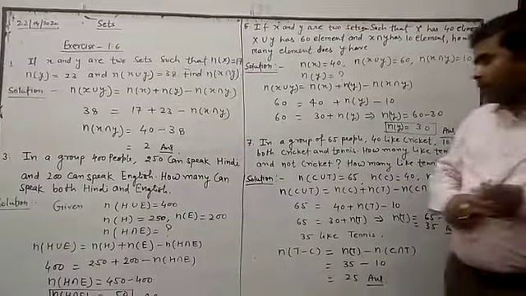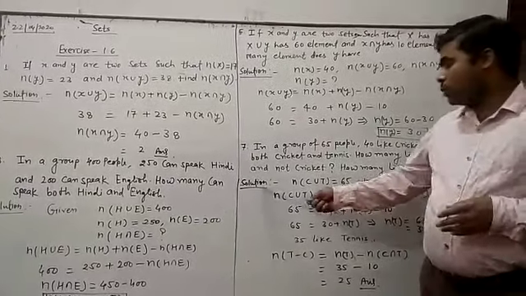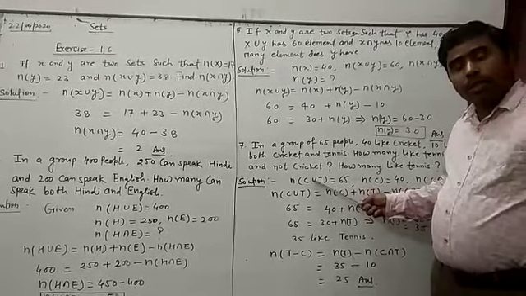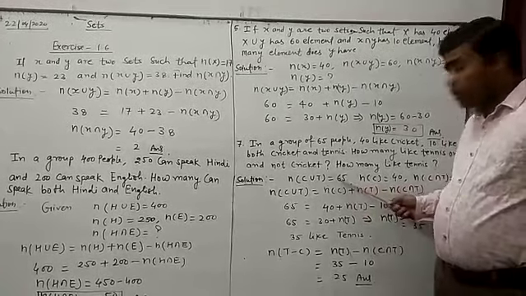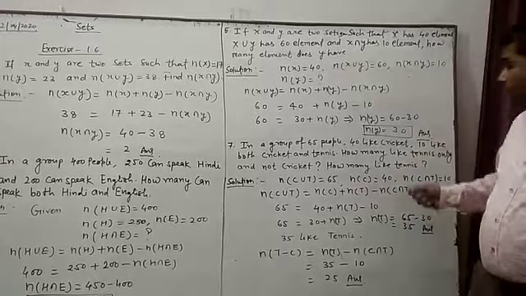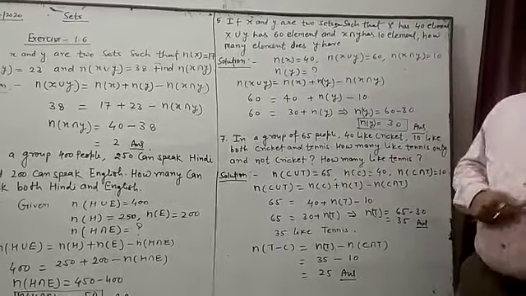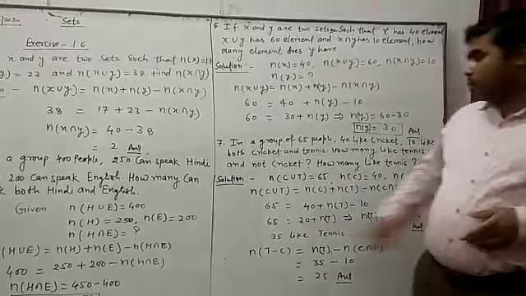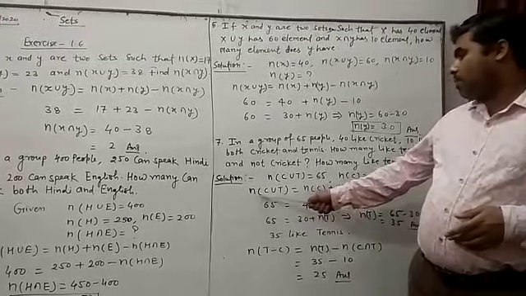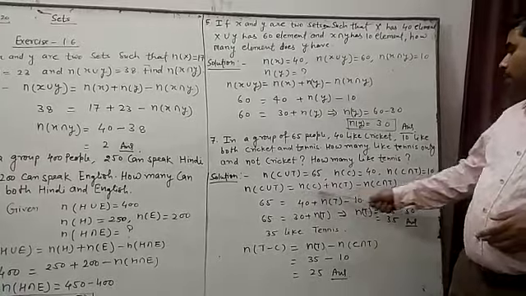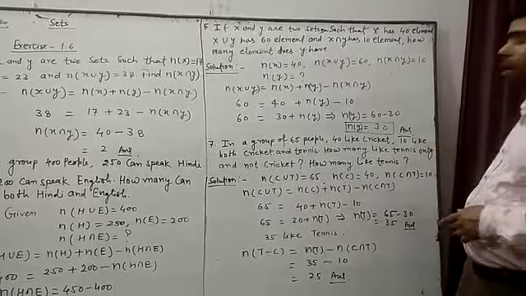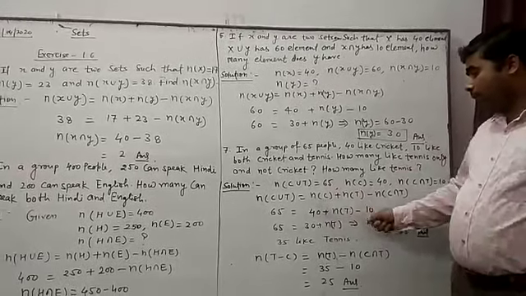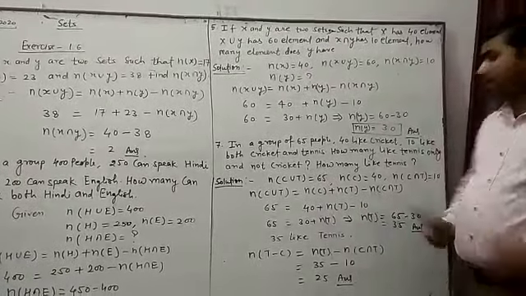We have to write the solution. Solution: n(C union T) is equal to 65, n(C) is equal to 40, n(C intersection T) is equal to 10. So we have to use the formula: n(C union T) is equal to n(C) plus n(T) minus n(C intersection T). 65 equals cricket 40, tennis is asked, intersection 10.